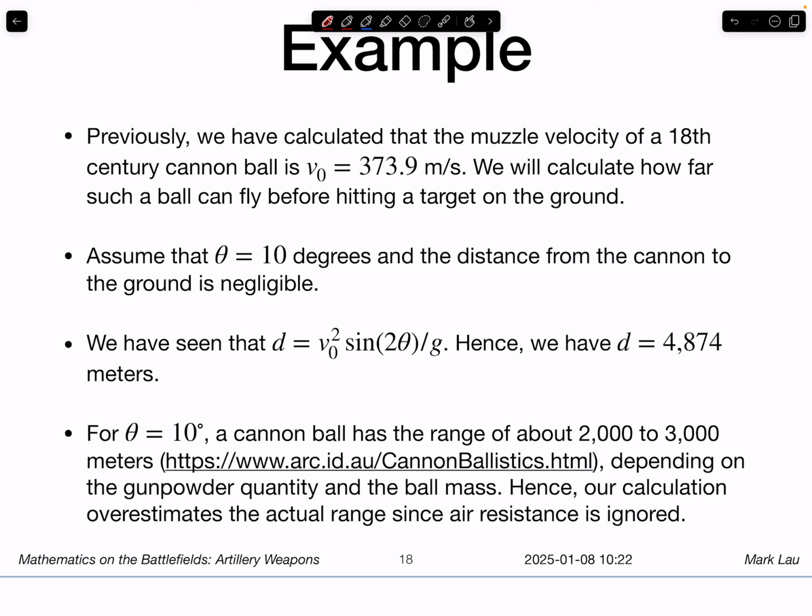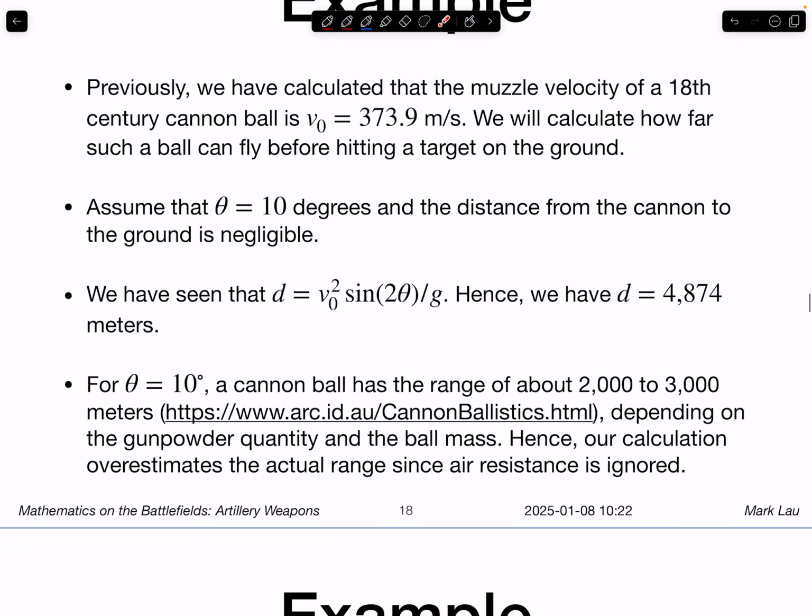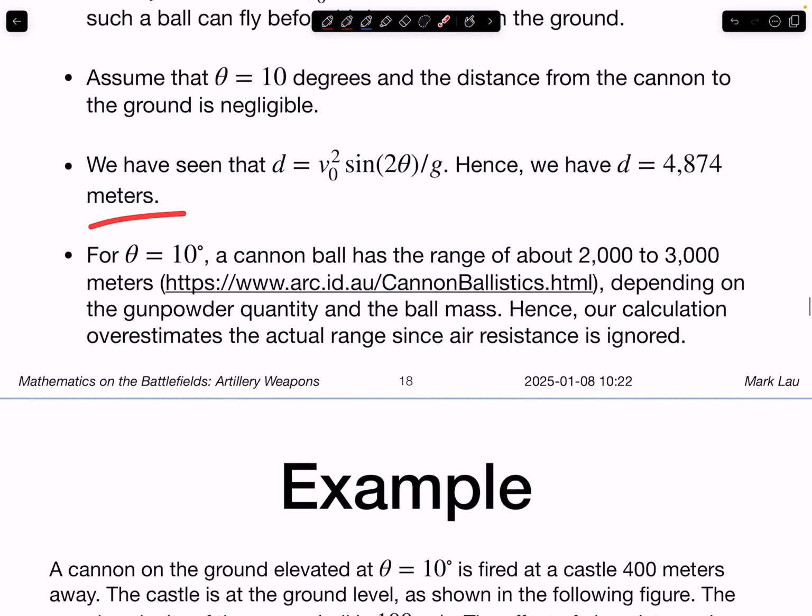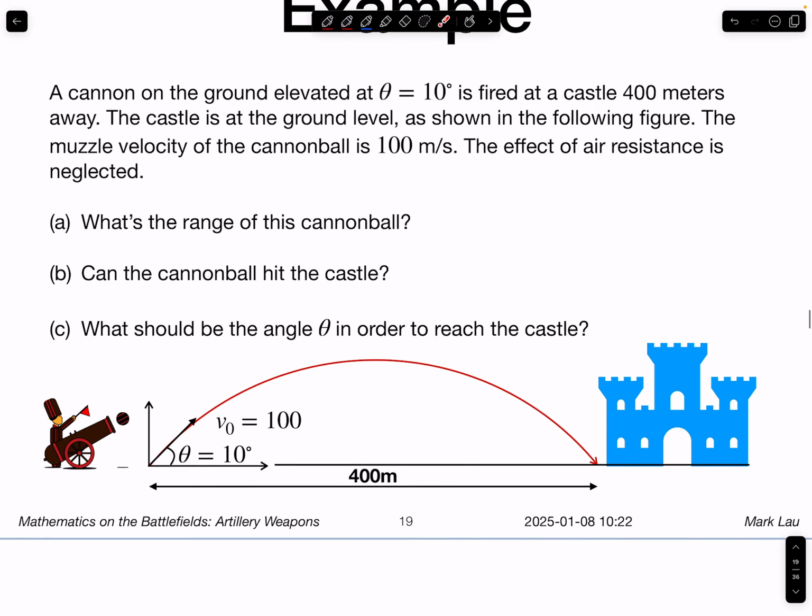Previously we have calculated the muzzle velocity of an 18th century cannonball. Okay, we will calculate how far such a ball can fly before hitting a target on the ground. Assume that theta is 10 degrees and distance. We can just use the equations that we just derived.